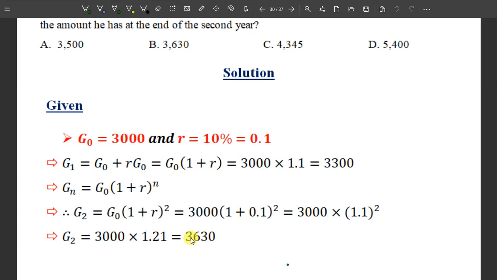This guy will get, even though he didn't add any money, about 630 birr on top of his initial money that he deposited. Therefore, he will receive 3,630. If it continues like this, then the guy after a certain year will be a rich man.